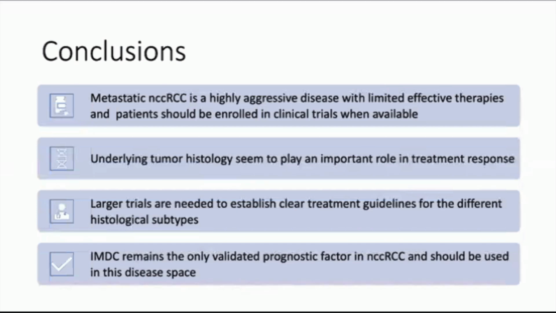Moving forward, we also need larger trials to help establish optimal treatment based on histological subtypes. And finally, prognostic factors in this disease space are quite limited, and the IMDC is a validated one that we should continue to use.